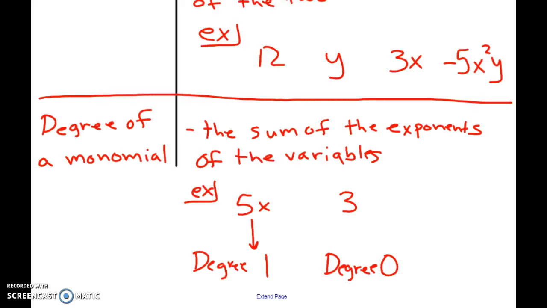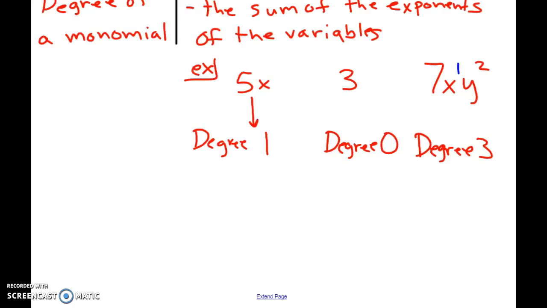And something like 7xy squared would be a degree of 3, because when you have a variable by itself, technically there's a 1 in the exponent. So the sum of the exponents would make that a degree 3 monomial. One more on this page.